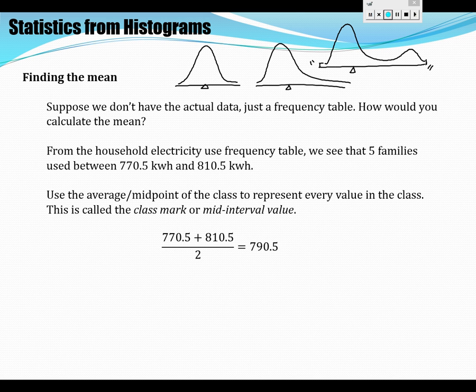Take the class mark and subtract the mean, then square it. This is just the standard deviation formula, right? Times the frequency. Add them all up. In this case, divide by 50. And then, if you want the standard deviation instead of variance, take the square root. Isn't that the formula for standard deviation?